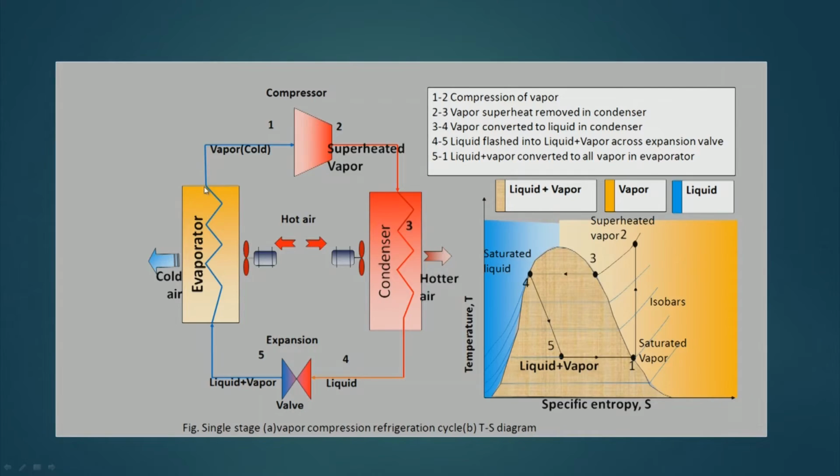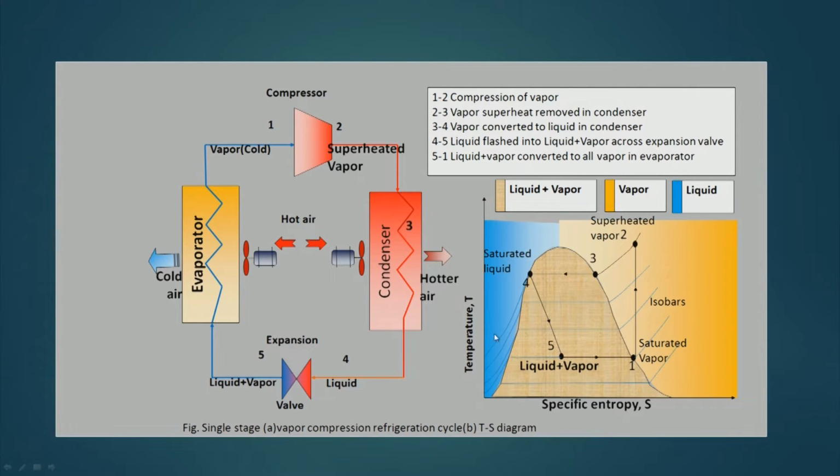For that, the latent heat of vaporization is supplied by the material which is inside the refrigerator, and then it converts into a complete vapor, and then again it goes to the compression. So, this cycle goes on.